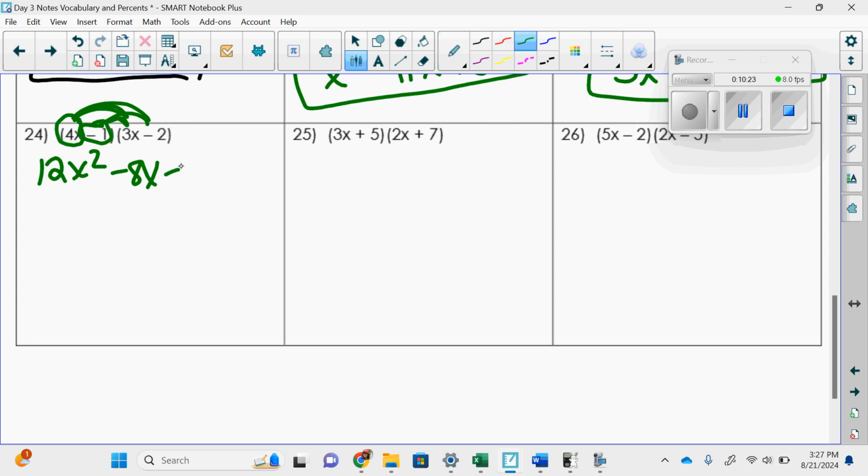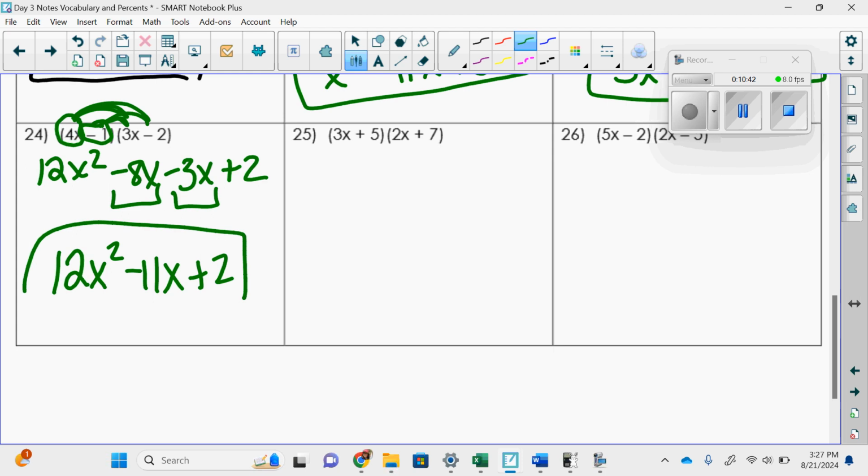So negative 1 times 3x is negative 3x. Negative 1 times negative 2 is positive 2. And now we can combine like terms. So in the middle here, I have a negative 8x and a negative 3x. So I just combine like terms and we get 12x squared minus 11x plus 2.